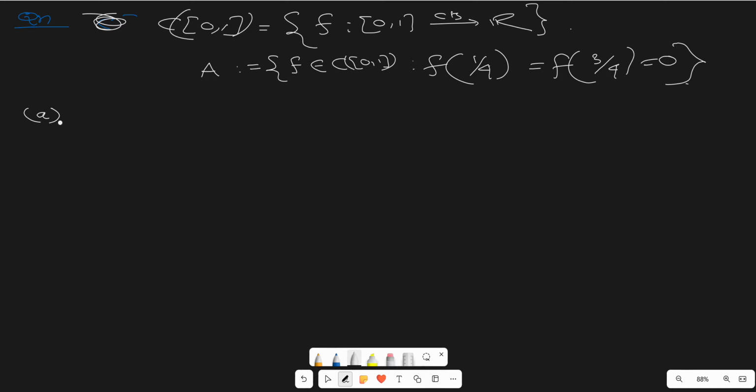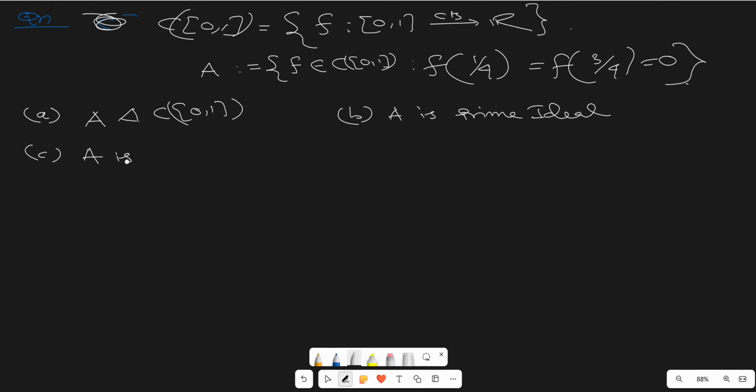What are the options? Option A: A is an ideal of C[0,1]. Option B: A is a prime ideal of C[0,1]. Option C: A is a maximal ideal.